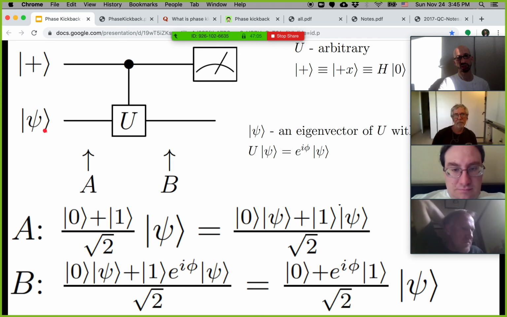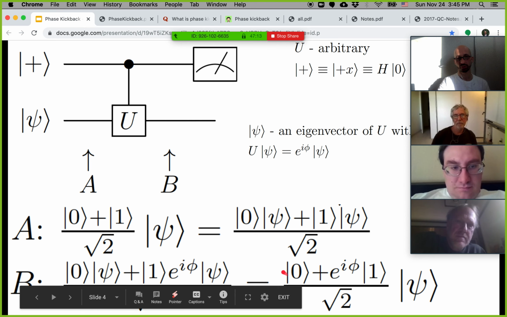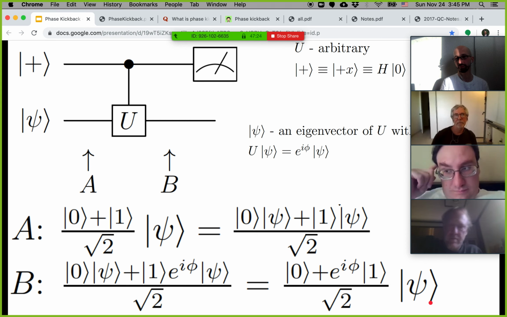You can just think about this psi as some multi-qubit state. We just multiply it by some constant, some number, and it kicks back just the same. So no changes here, actually.